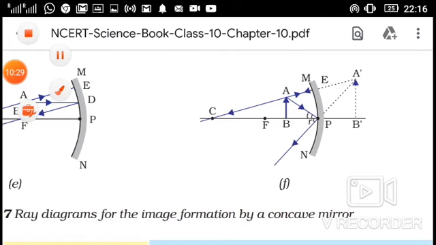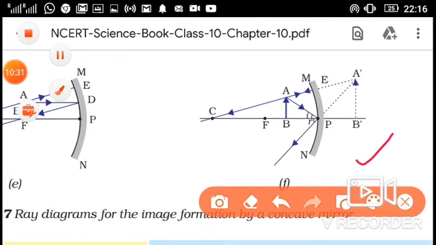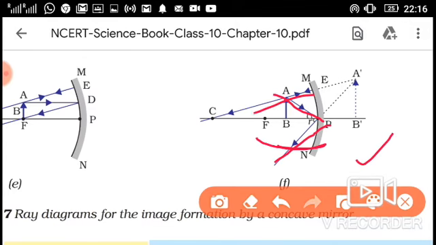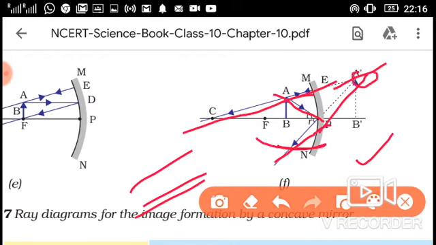Now this is the last part, F part. The object is placed between P and F. So you see here, the first ray is incident like that, so the angle of reflection is also the same. Okay, and the second passes through C. So on this side they cannot meet, so you extend these lines, and they meet behind the concave mirror.